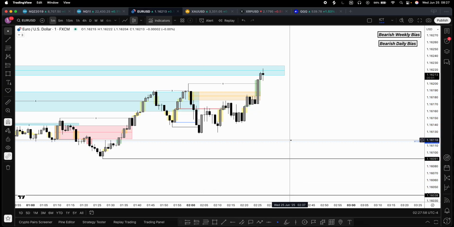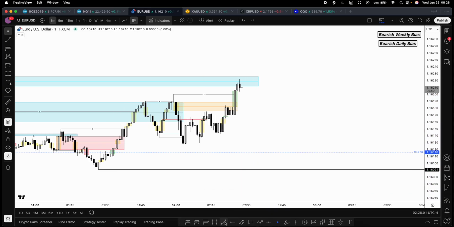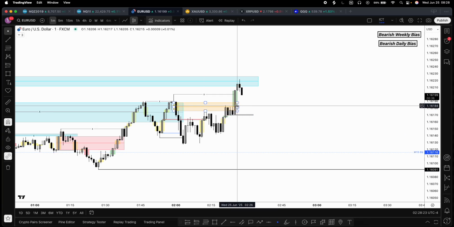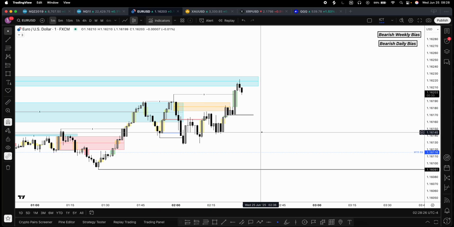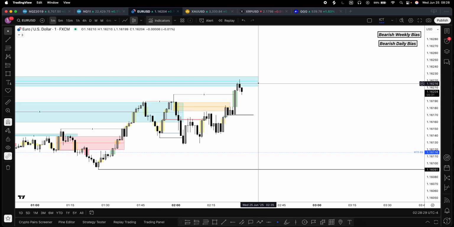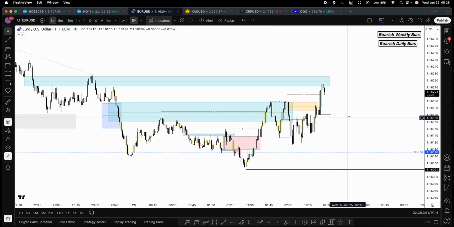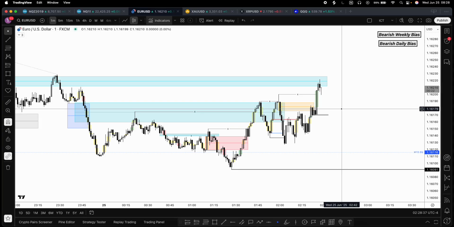Just gonna hide this for now. So to get another entry model, we would need a close below here and a break below this black line. It seems to be reacting to this 5-minute gap. Yeah, so maybe we just got in a bit early.